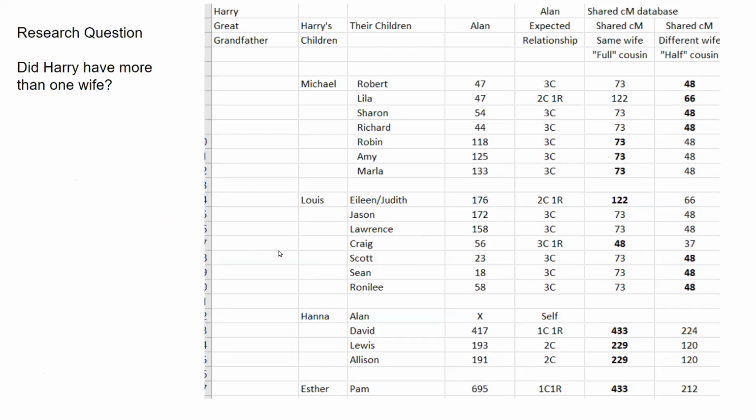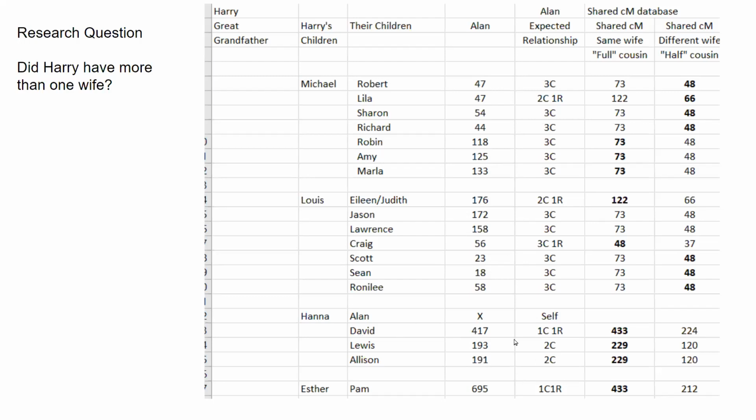Now, here's how you can use that. We're looking at the question about whether Harry had more than one wife. So here we're looking at Harry's children, and we're looking at the relationship to Alan. Hannah's son Alan has this relationship to his cousins, his first cousins, second cousins.